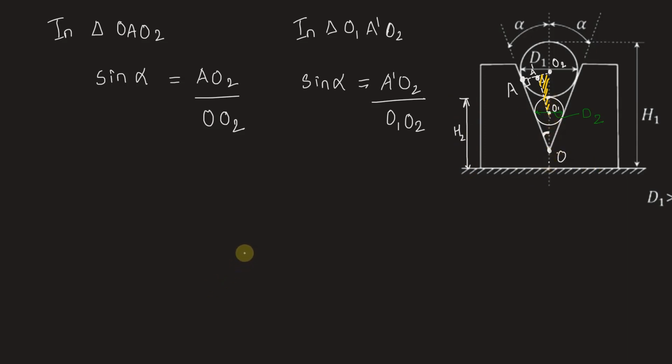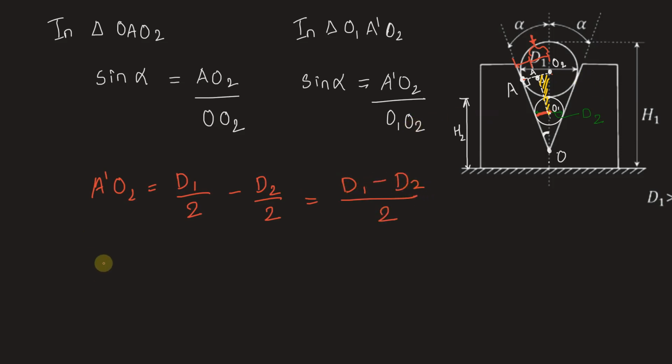Now we have to calculate A dash O2 and O1 O2. A dash O2 is this distance. So we have to subtract the radius of this roller from the radius of the bigger roller. That will give us A dash O2. So A dash O2 is nothing but D1 by 2, radius of the bigger roller, minus D2 by 2, radius of the smaller roller. So this is simply D1 minus D2 by 2.